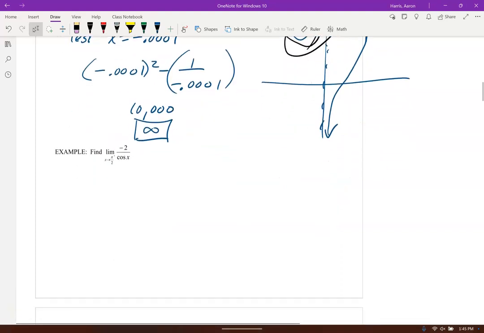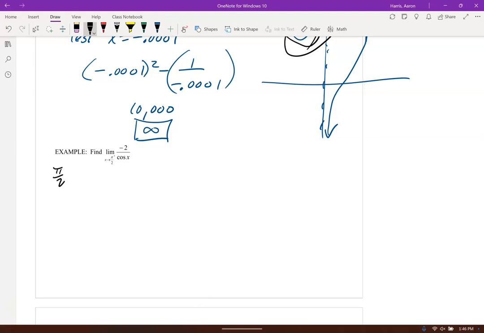All right, this one, you notice if I plugged in cosine of pi halves, cosine of pi halves is 0, can't divide by 0. So we have another problem here, because if we were actually graphing this, we would have a bunch of vertical asymptotes at pi halves, 3 pi halves, and so on, negative pi halves, negative 3 pi halves, if you're graphing negative 2 secant of x, or negative 2 over the cosine of x. But we're going to approach pi halves from the right.